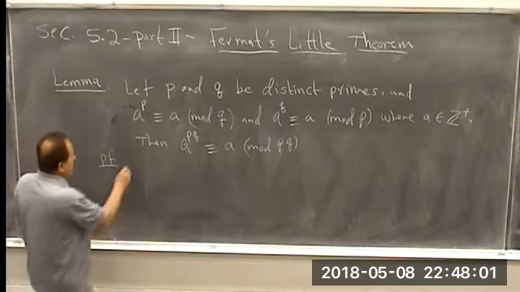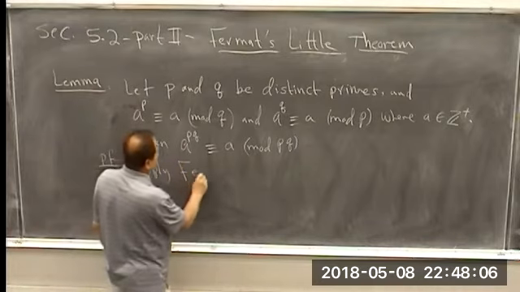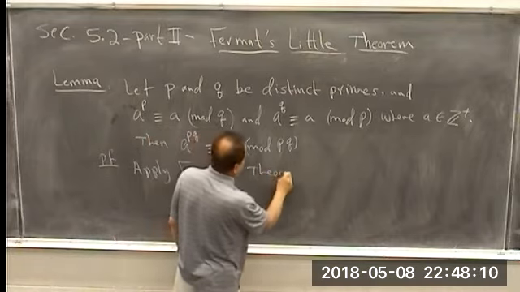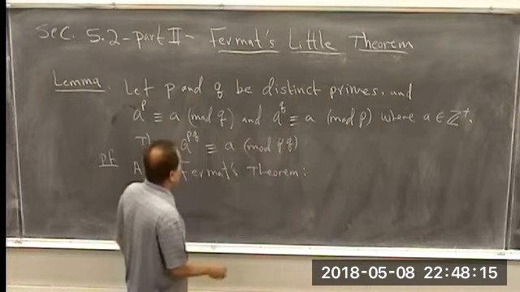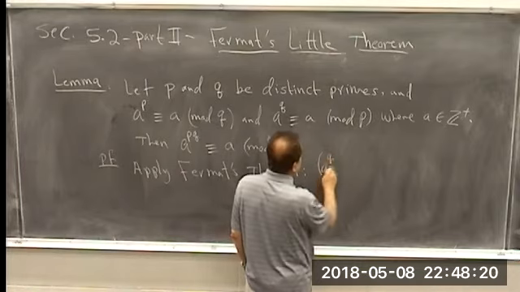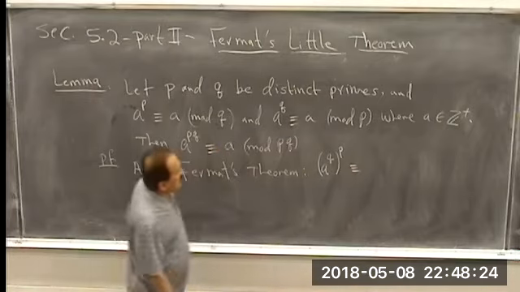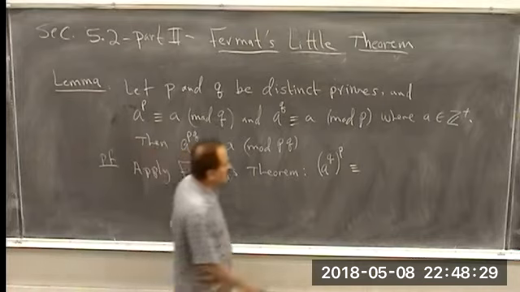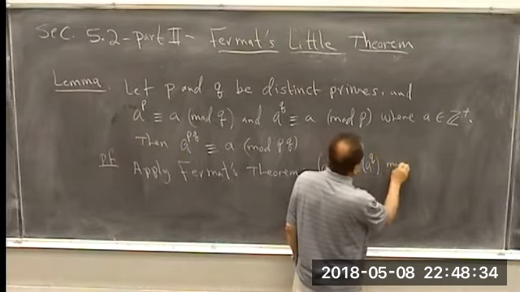We're going to apply Fermat's theorem as follows. So we're going to take (a^q)^p. In other words, a^q, I want to take it as my a, sort of. So this is congruent to a^q mod p.